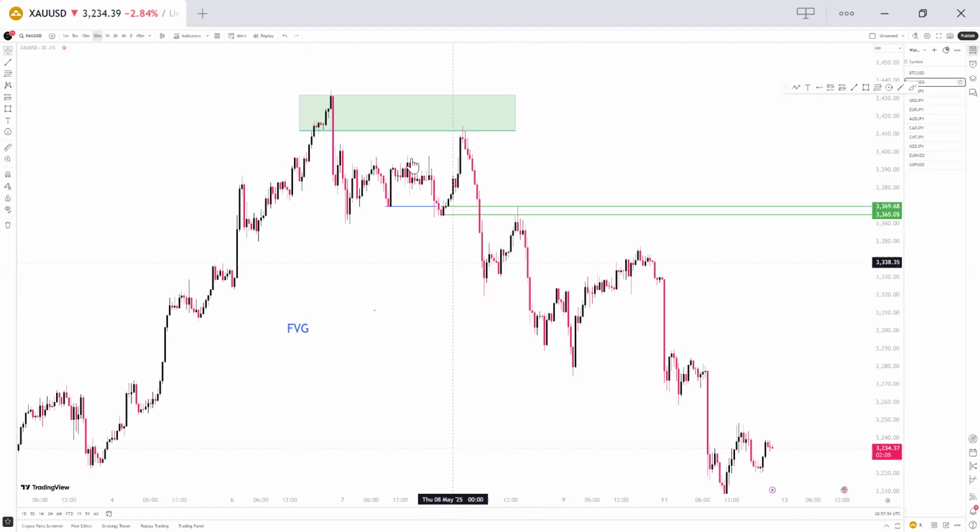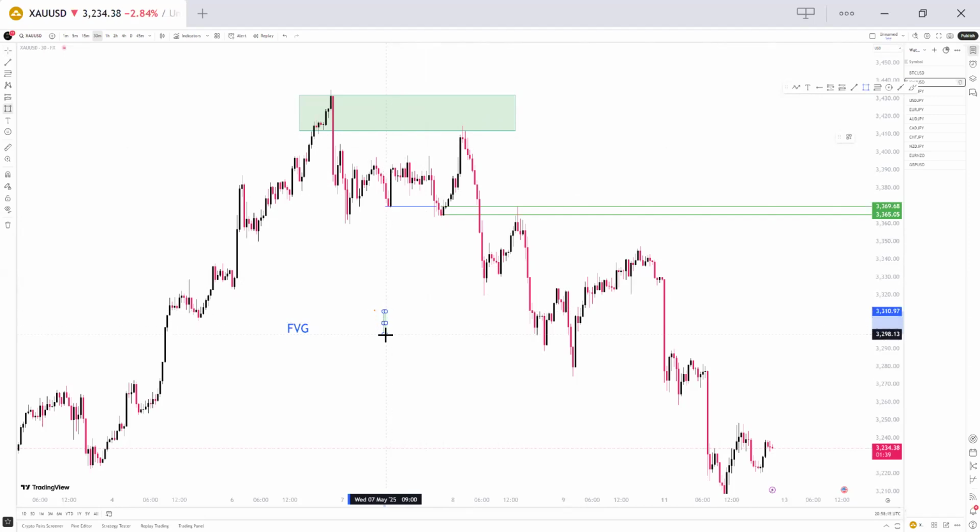Even if you are not using that aggressive movement style, let's say after you have marked all your structure, where market was leaving your structure going to the upside or downside, then you saw a place where market was creating three candles following each other.